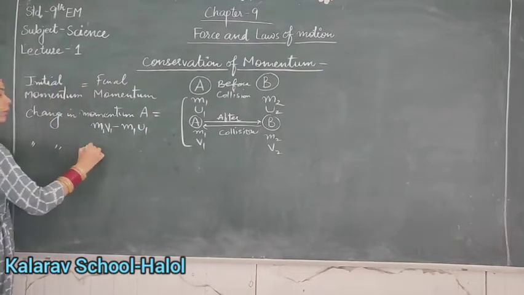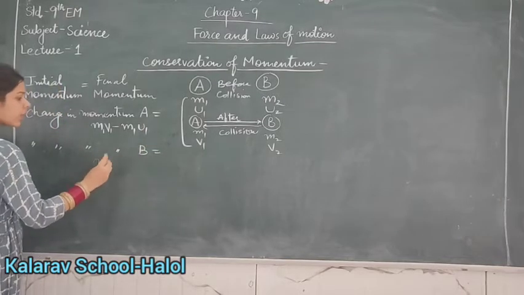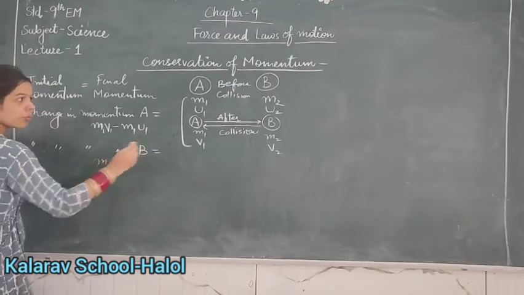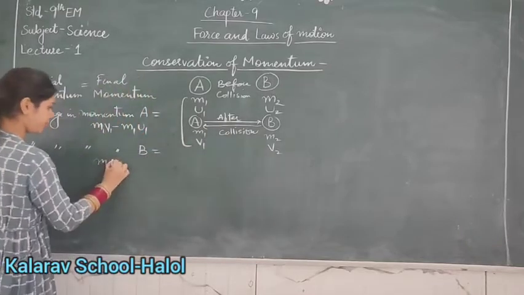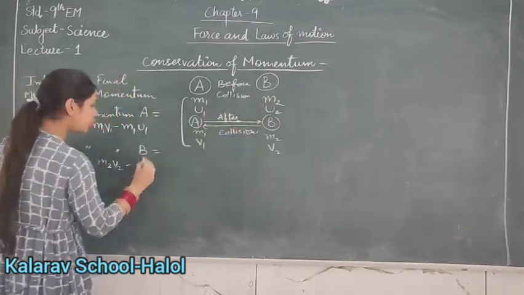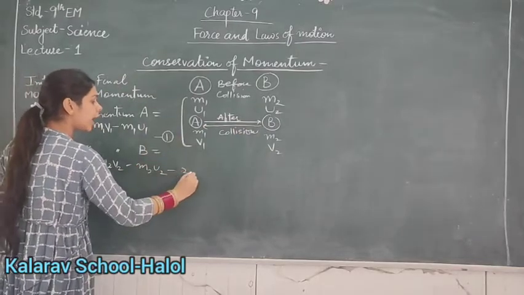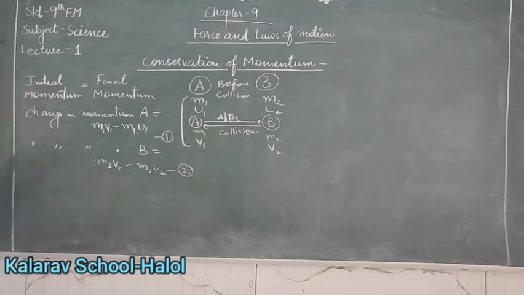The change in momentum of B is m2 v2 minus m2 u2. Take it as equation number 1 and equation number 2. So this is the change in momentum.